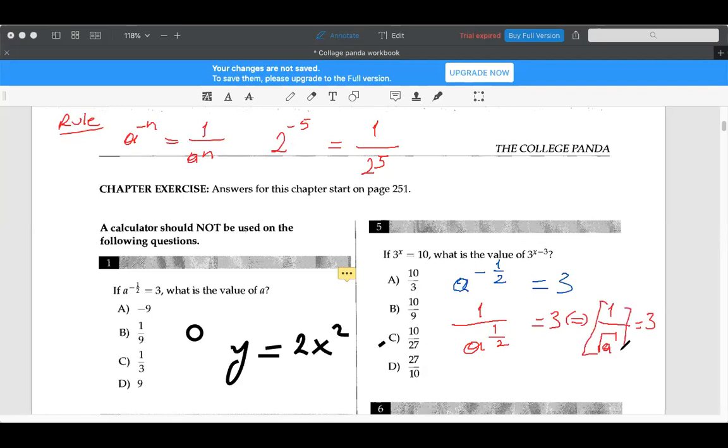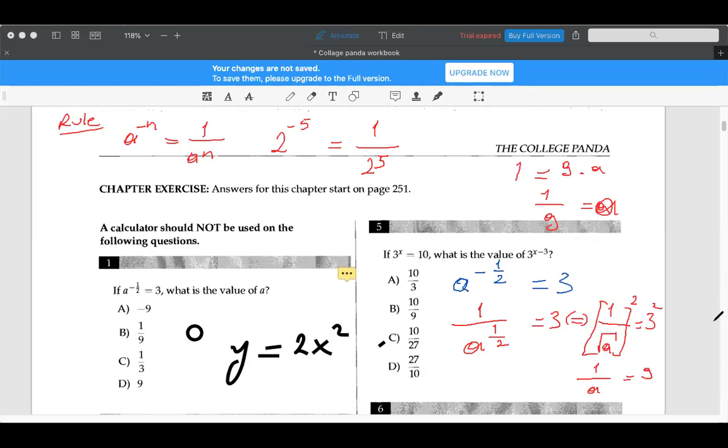Then taking both sides to the power of 2, 1 over A is equal to 9. If 1 over A is 9, doing the cross product, 1 is equal to 9 times A. So A is equal to 1 over 9.